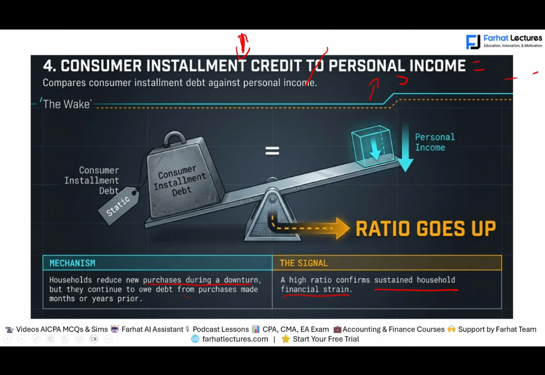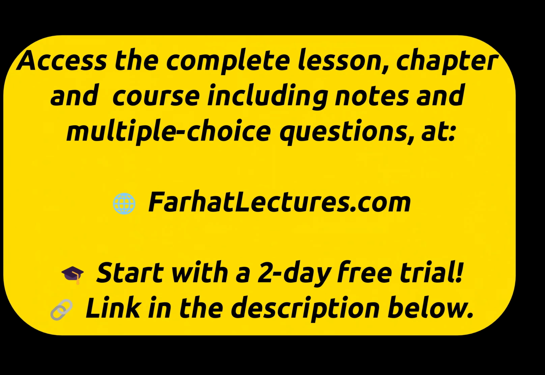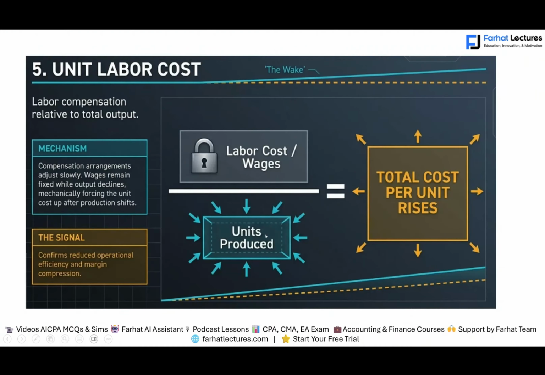It means we are going through a rough patch. We're going through it because these are what type of indicators?